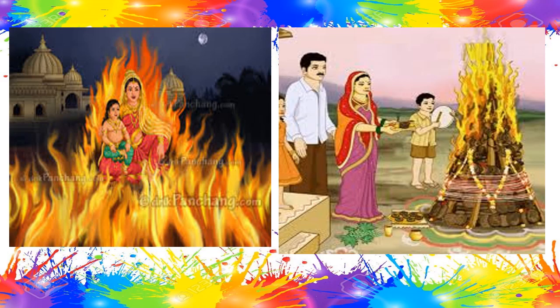They have burnt out all things that are not required, and they pray for peace, prosperity, happiness and good health, and they give out all the negative feelings, that is anger, hatred, jealousy, fear and things which are not good. Therefore, this festival is rightly called the Victory of Good over Evil.